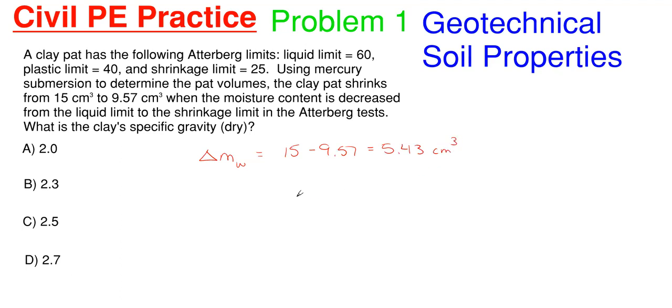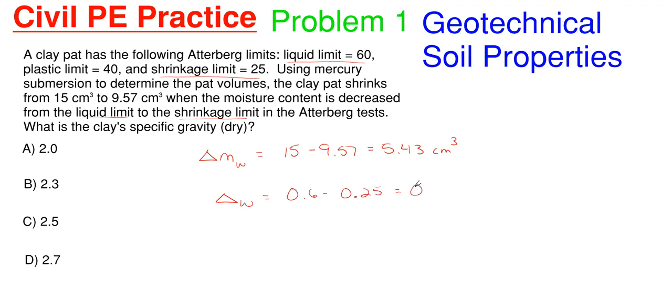Since 1 cubic centimeter of water has a mass of 1 gram and the volume loss is 5.43, the fractional mass loss, which is our dry basis, we're going to call delta W. From our liquid limit going to the shrinkage limit, that's going to be 0.6 subtracting off 0.25.